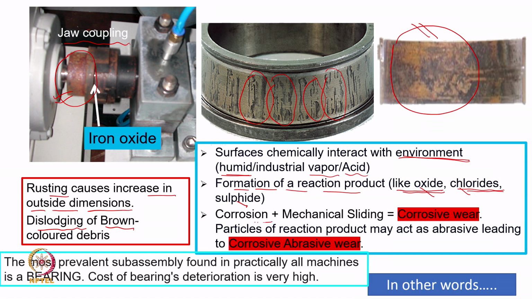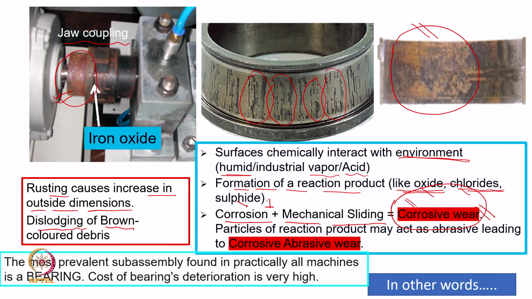That is why we say corrosion and mechanical sliding, if we combine them together, will cause a huge wear rate. If I consider wear alone, it will not cause that kind of damage, and if corrosion alone is getting passivated, again it will not cause much of a problem. Combining these two will enhance the wear rate significantly.